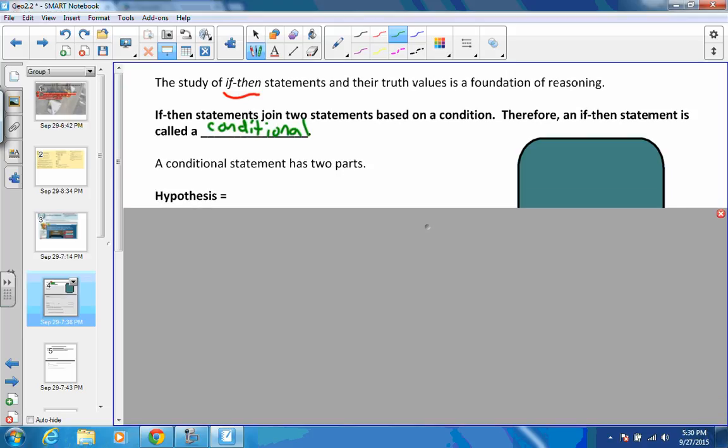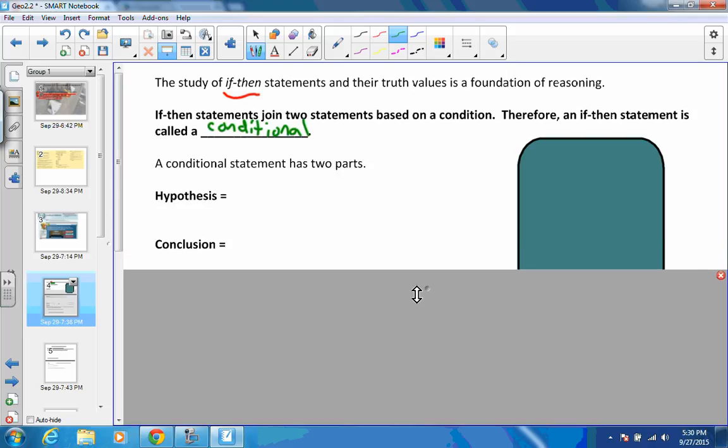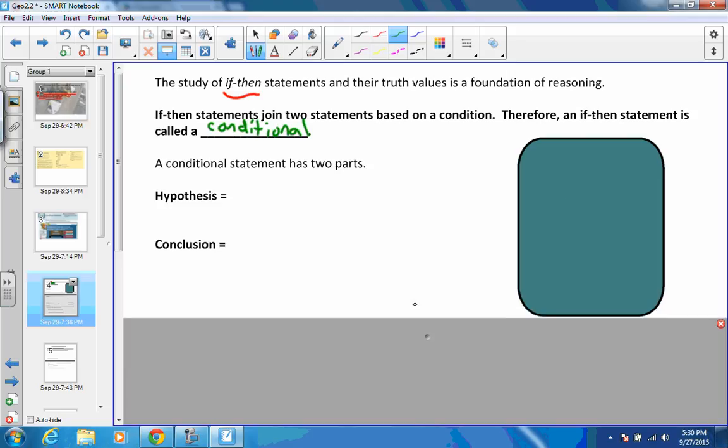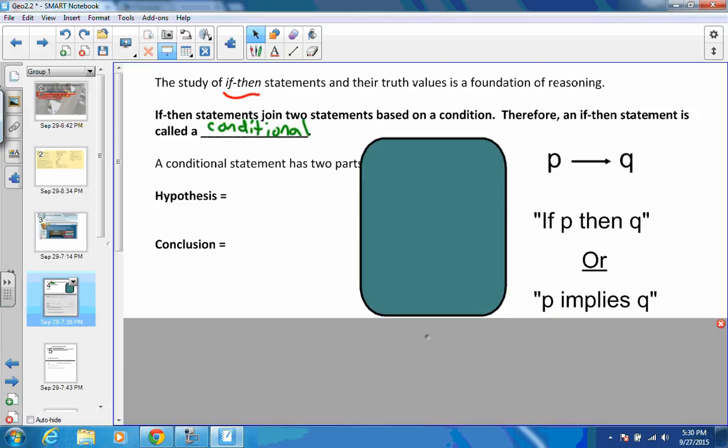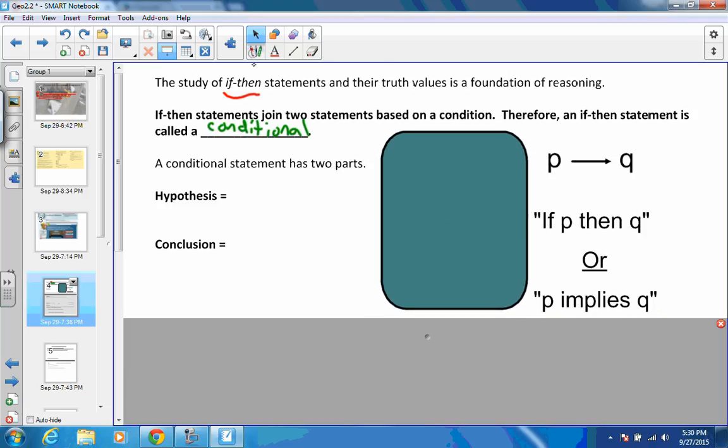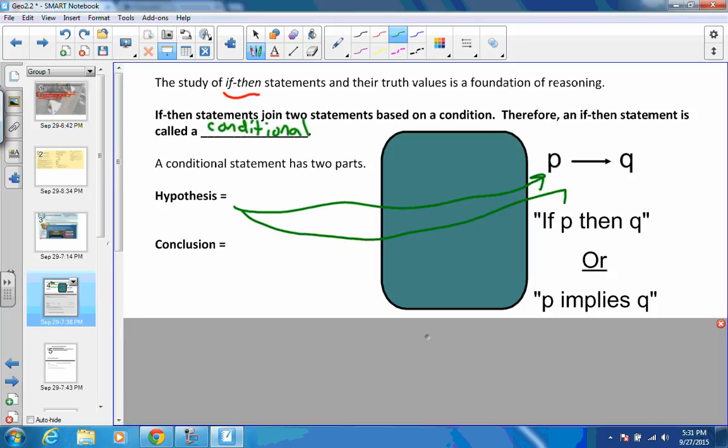Every conditional statement has two parts. That would be a hypothesis, that would be the if part, and a conclusion, that would be the then part. A hypothesis is the part following the if, and this is stuff you've learned before. The hypothesis would be the P right there.